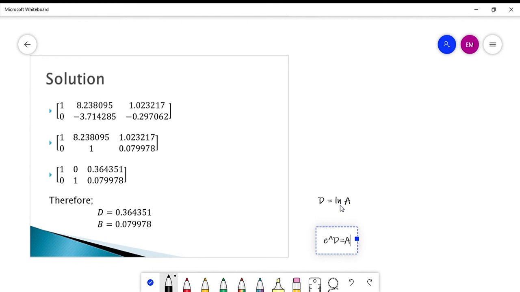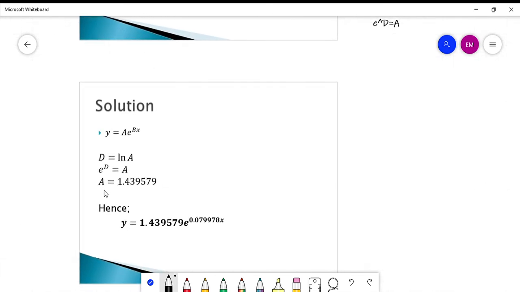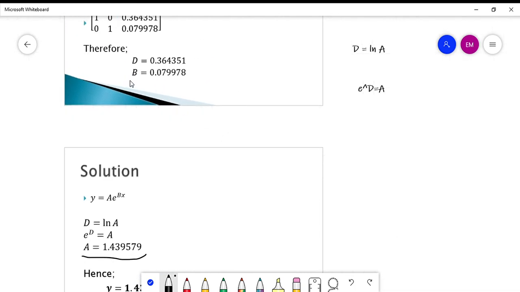So, basically, that's A na lang. So, if we're gonna do that, this is the result for your A. So, bali, we have now values for A and another value for your B.